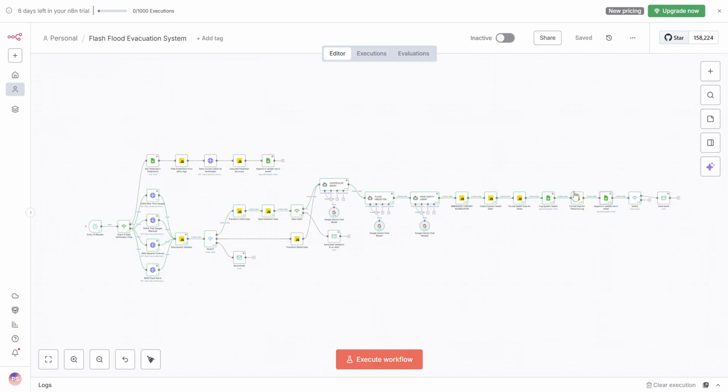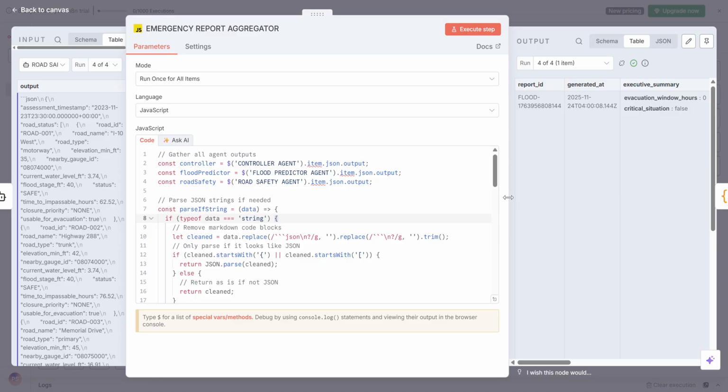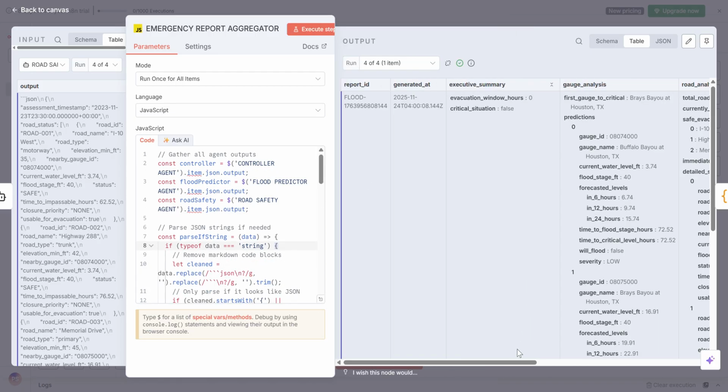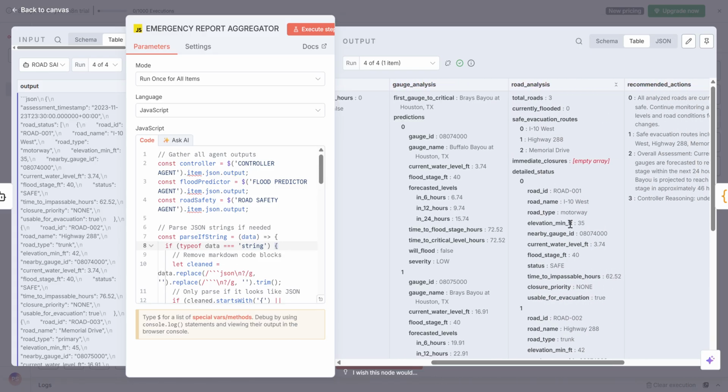In the emergency report aggregator, we gather the outputs of all the agents and then we are just combining. So this will give the gauge analysis, the kind of summary, the road analysis. So we have currently the road ID wherein it is I-10 West.